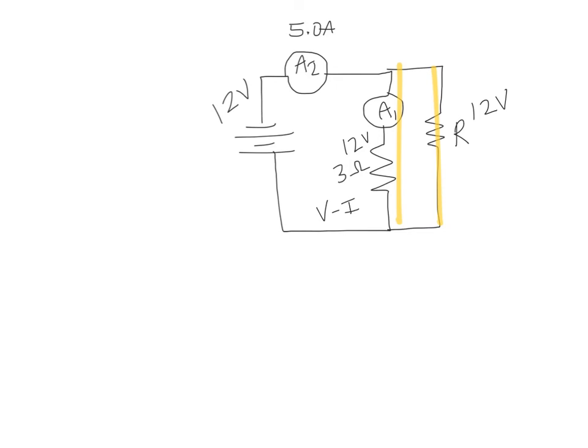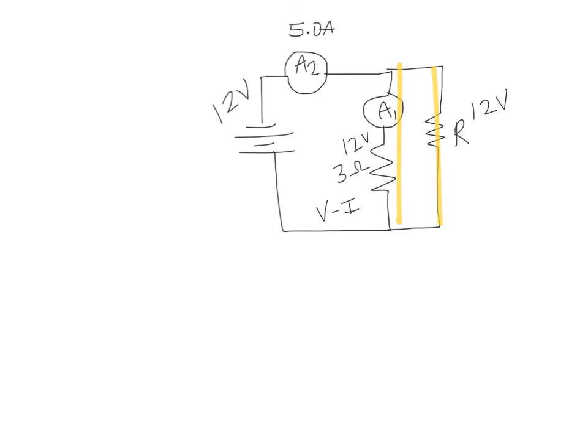Well, 4 times 3 would get me 12, so I here was 4, which means if I had 5 amps total, and they were splitting and then going back to equal 5, it must be 4 plus 1 amp. So if I had 12 volts equals I times R, 12 equals 1 times an unknown R, R must equal 12. So that answered all of our questions.